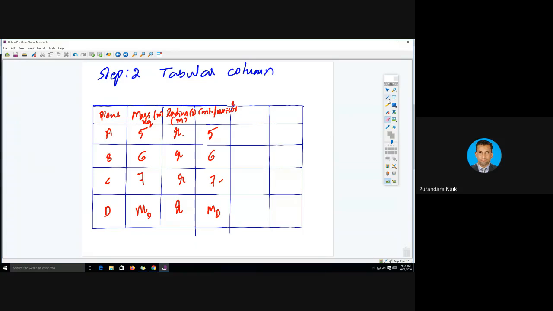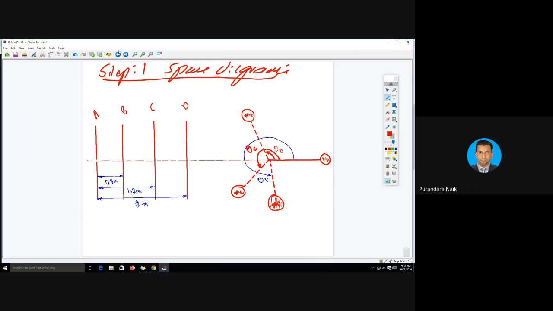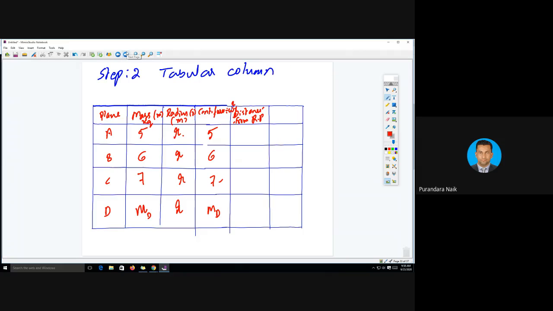Tell me the reference plane. D, sir. See, in the tabular column, which one is unknown here?